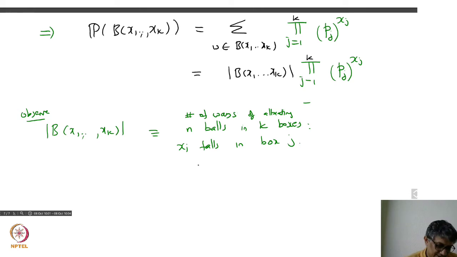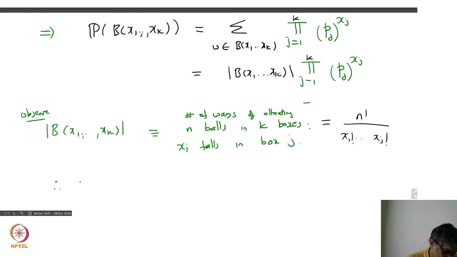Once I do this, we know from high school that it is n factorial at the top and x1 factorial all the way to xk factorial at the bottom.